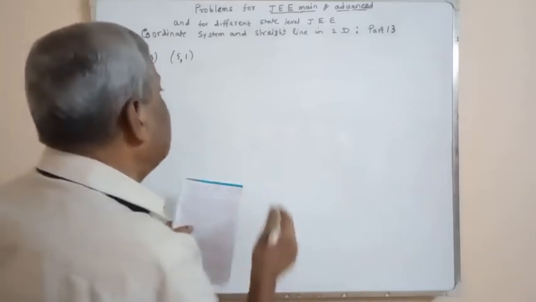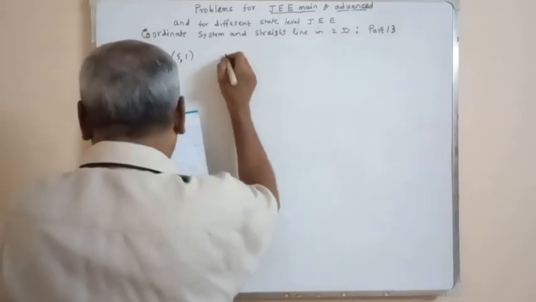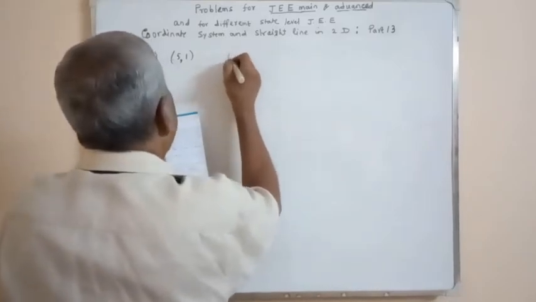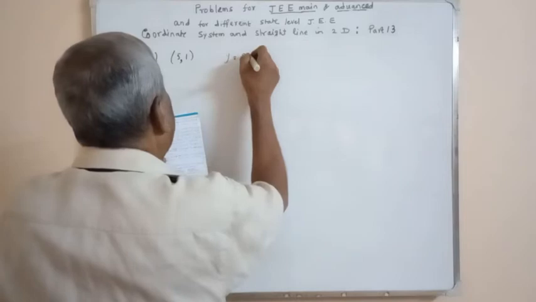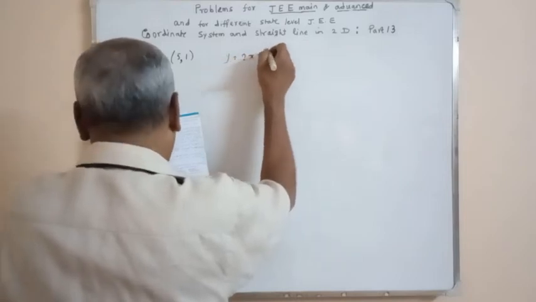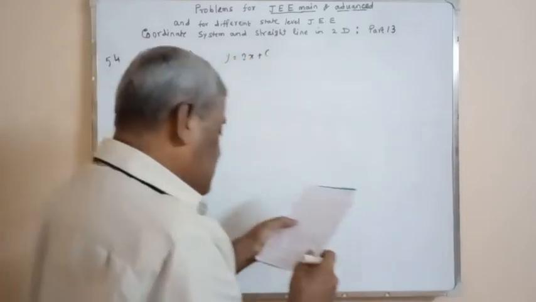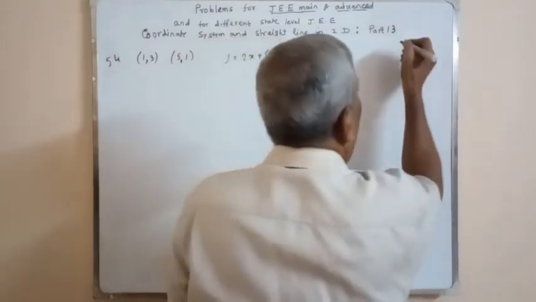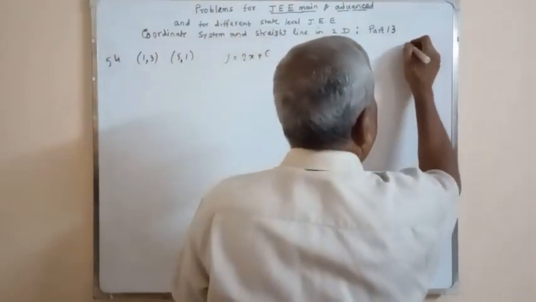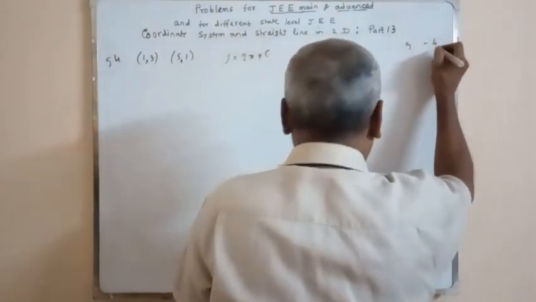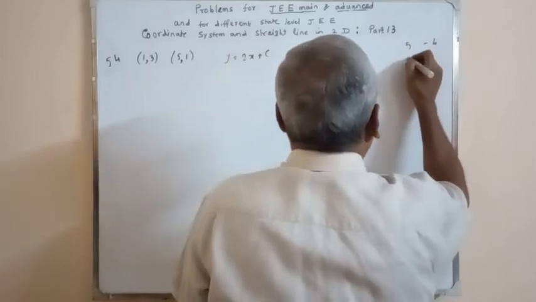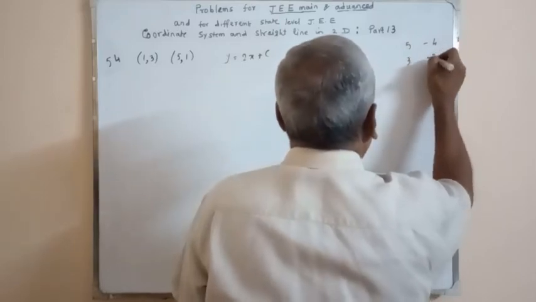The other vertices lie on y = 2x + c. Then the value of c is, options 5, -4, 3, and -2.